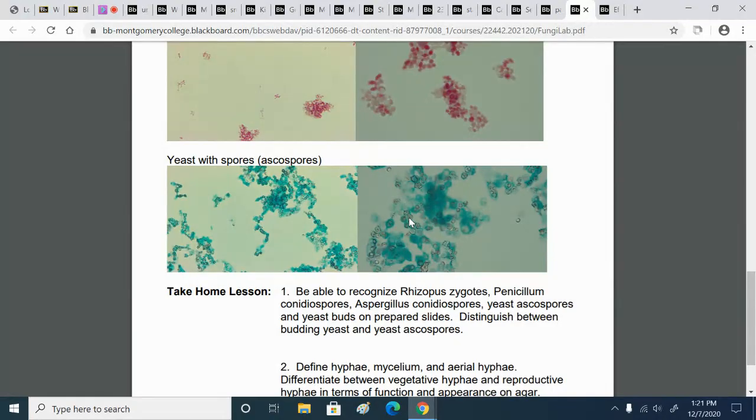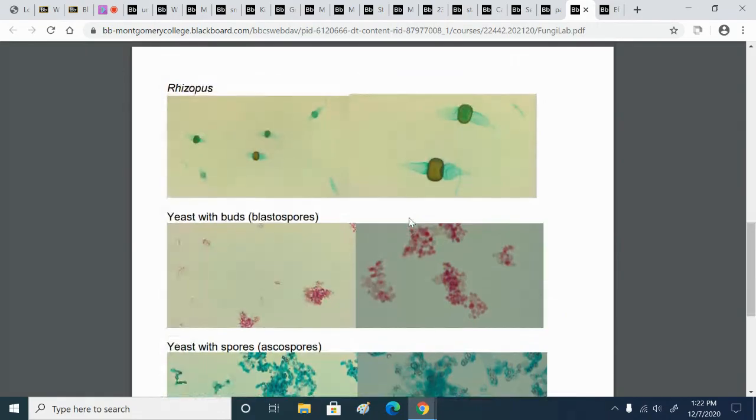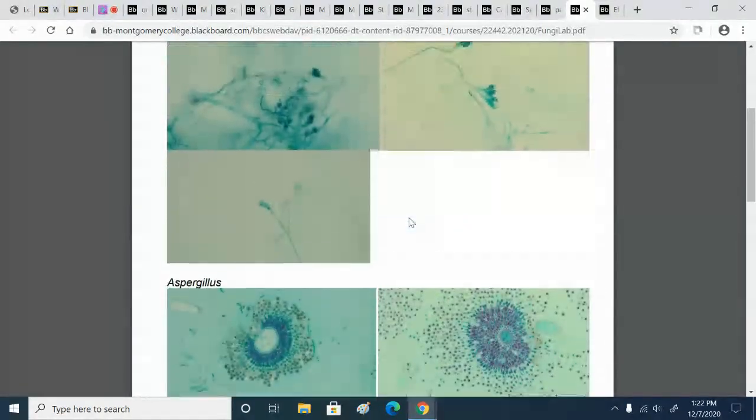But we said before, if everything is wonderful, then you don't need to enhance variation or add diversity. You can just reproduce asexually. The main point here is to be able to recognize the fungi when you see them. So any questions on the fungi?